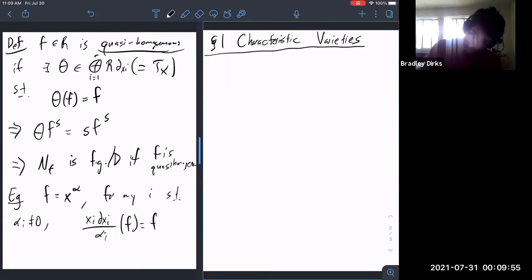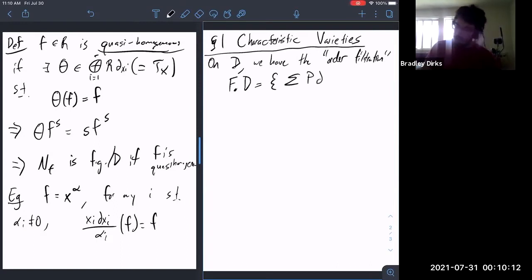So on this ring D, we have the order filtration. I'm going to denote that by F. It's just the collection of all differential operators where, when I write them using that commutation relation so that the del's are at the end, I want the size of this multi-index exponent to be smaller than that bullet there.